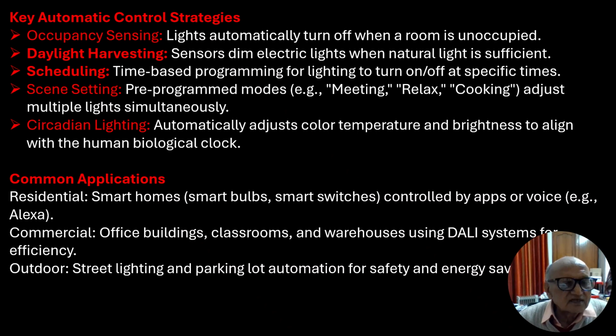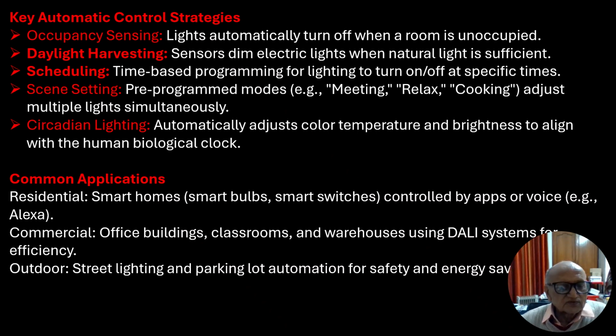Circadian lighting automatically adjusts color temperature and brightness to align with the human biological clock. The common applications are: residential, smart homes, smart bulbs, smart switches controlled by apps or voice, that is things like Alexa.